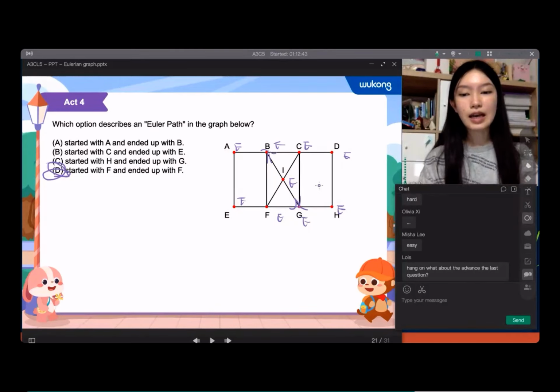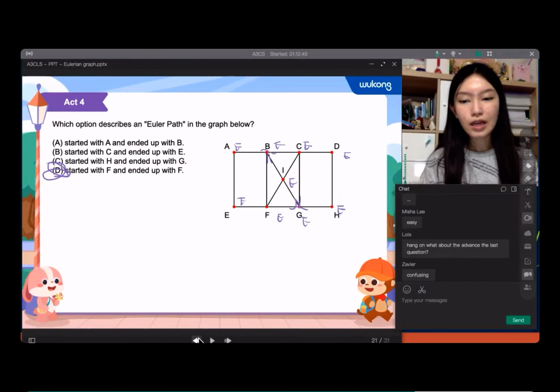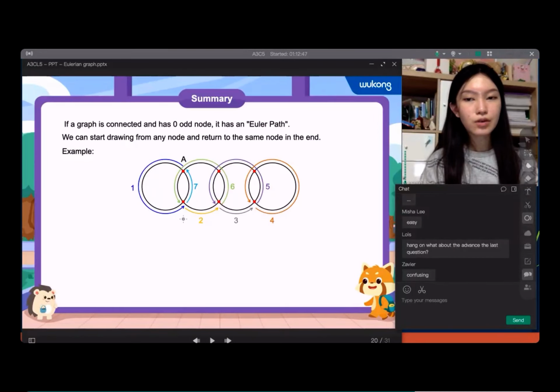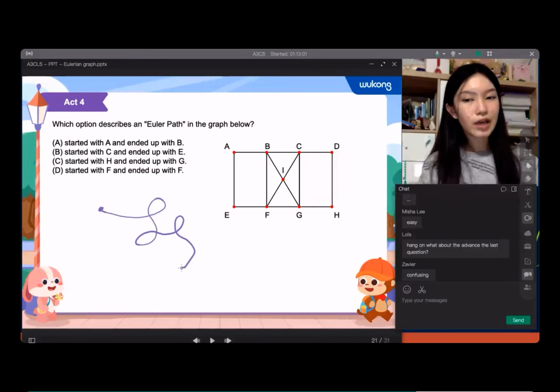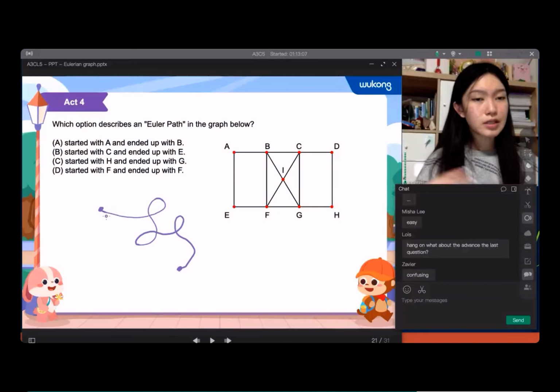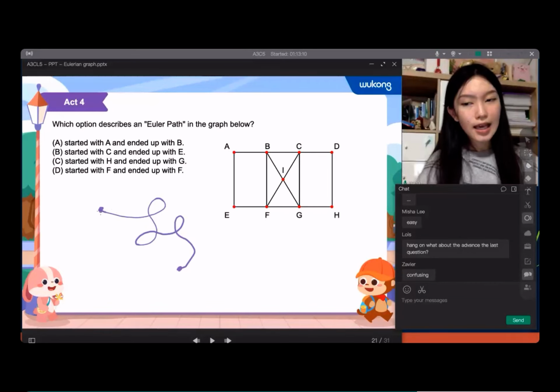And what that means is that, similar to the one that we had looked at last time, this one also had 0 odd nodes. And if you think about it, if we start from a point, and for the whole diagram to have no odd nodes, we cannot start and then do whatever it is, and then end at another point, right? Because if we do that, there will be, to some extent, odd nodes in the entire graph.